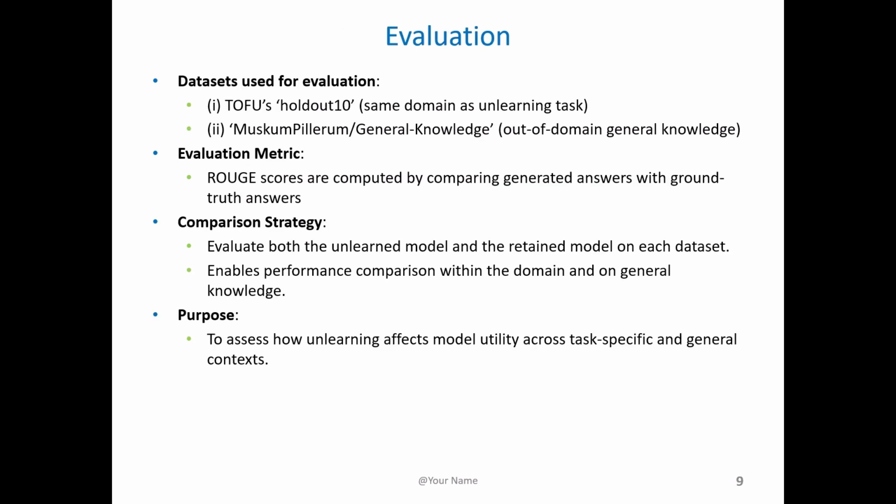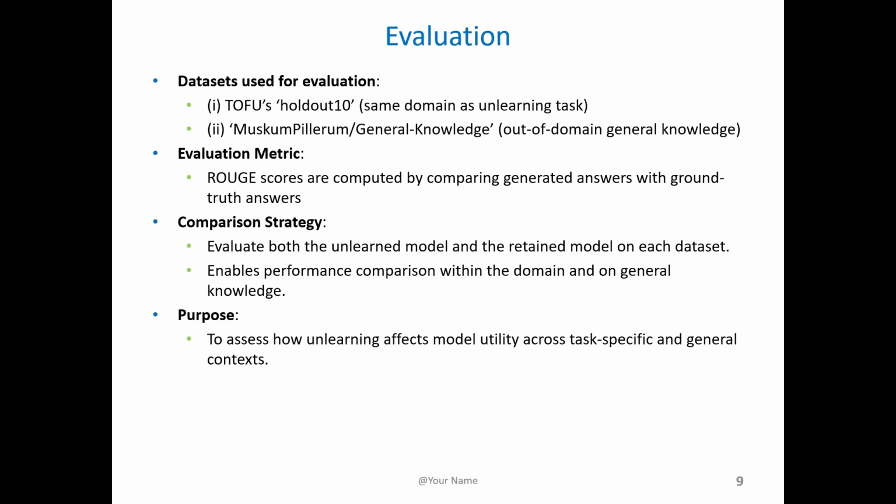The dataset for evaluation is TOFU's holdout 10% dataset, which is within the domain of TOFU, and then the general knowledge dataset is also used to check the out-of-domain performance of the models.